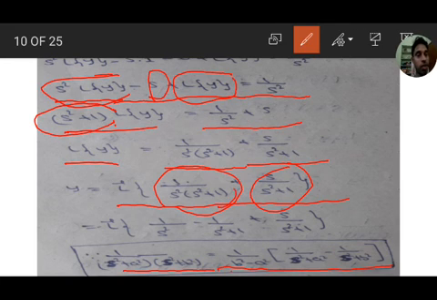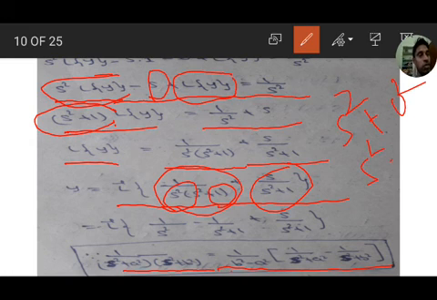Here a square equals 0 and b square equals 1. Substituting, b square minus a square is 1, and 1 by 1 is 1. So we get 1 by s square minus 1 by s square plus 1.